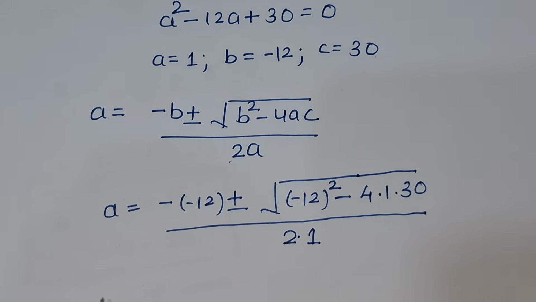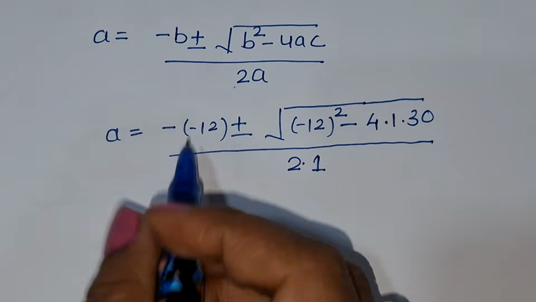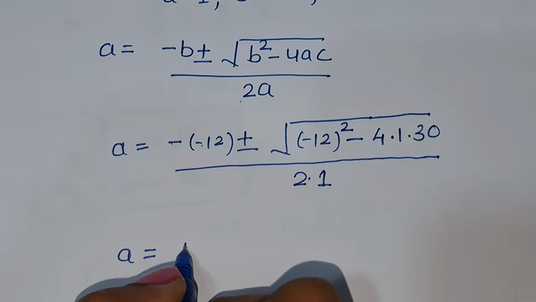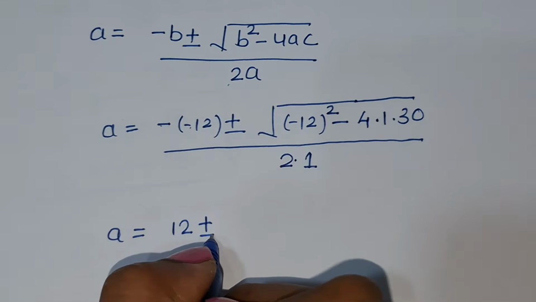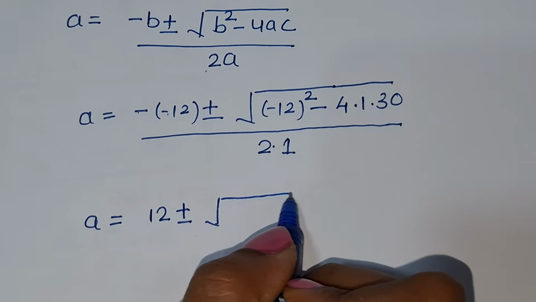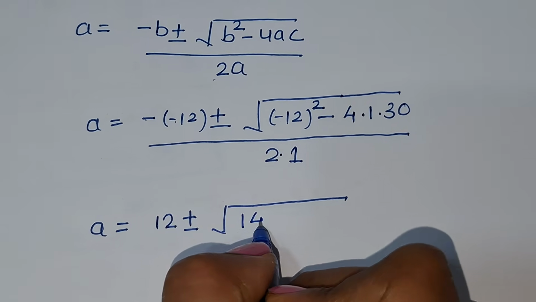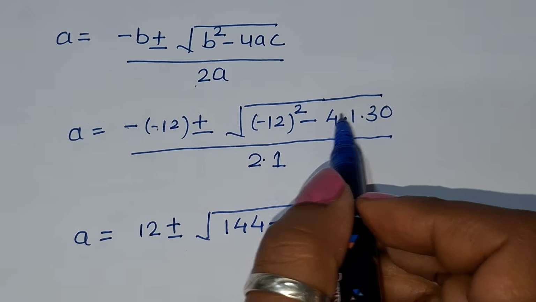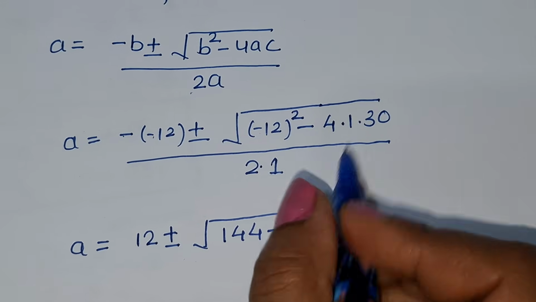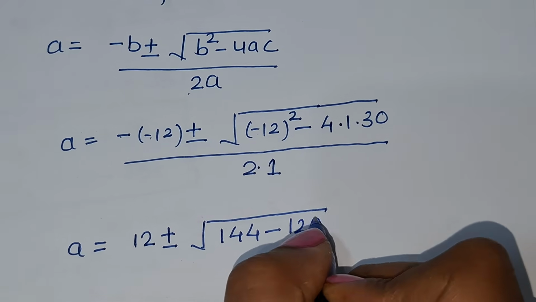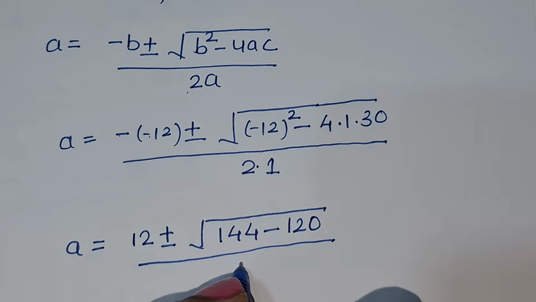Now a is equal to 12 plus minus square root of 12 square is 144, minus 4 times 30 is 120, divided by 2.